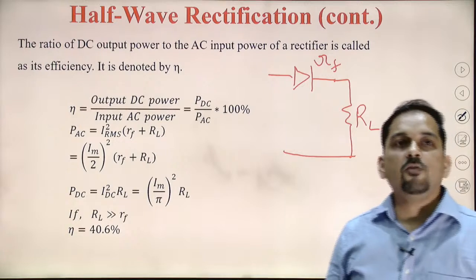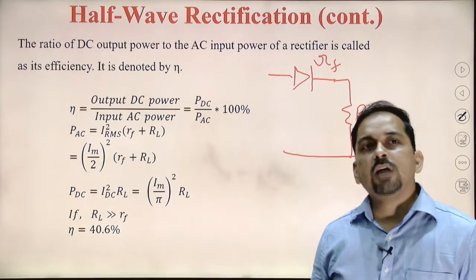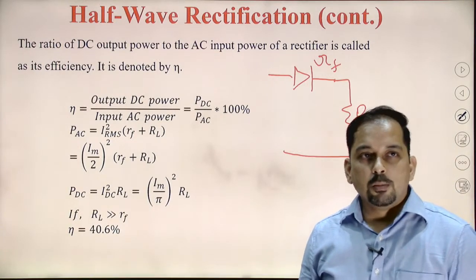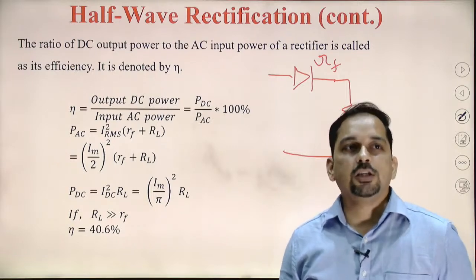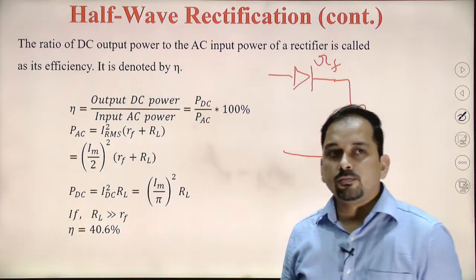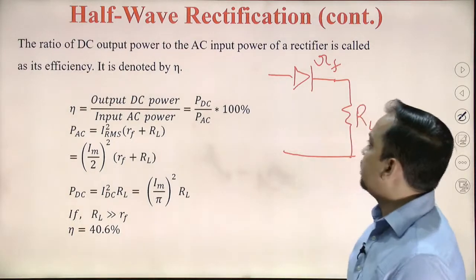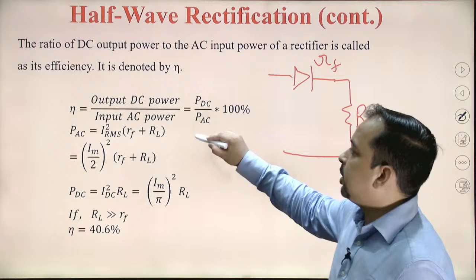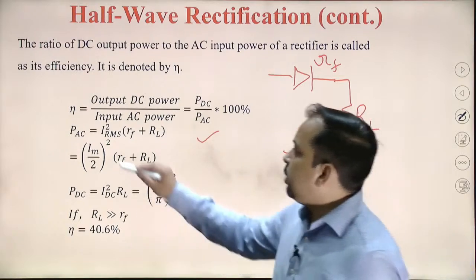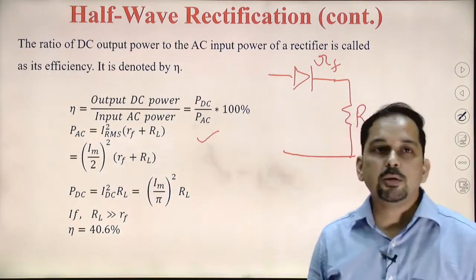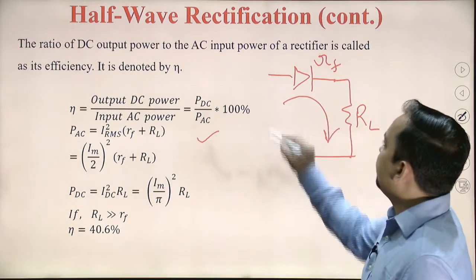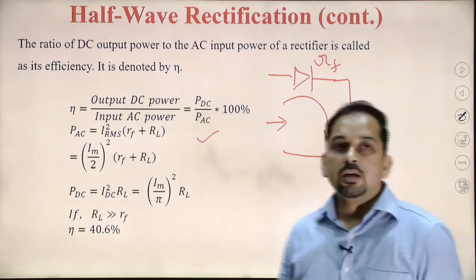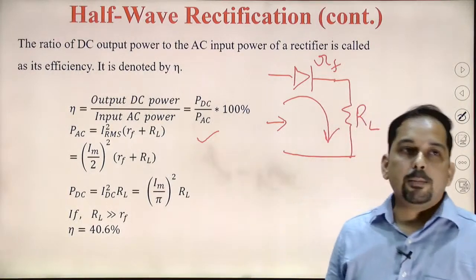Initially we assume that the diode is ideal, so rf is 0. But for a practical diode, we assume there is some finite resistance which will be there in the calculation of the efficiency. So the AC power can be given as I RMS square multiplied by the total resistance. The total resistance, viewed from this side, is small rf plus capital RL.